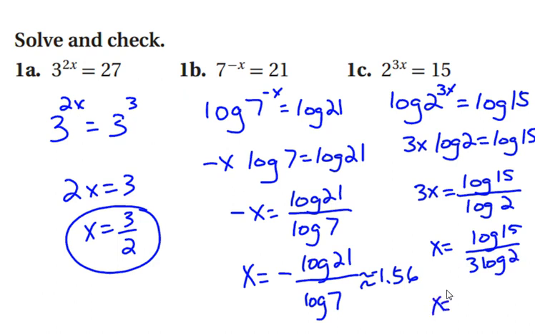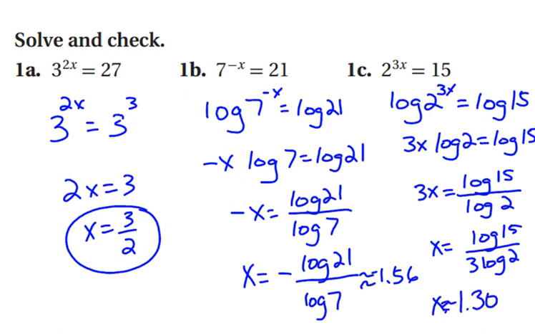So x equals, we'll grab the calculator and we'll punch in the log of 15 and divide that by 3 times the log of 2. And enter, and we get approximately 1.30.